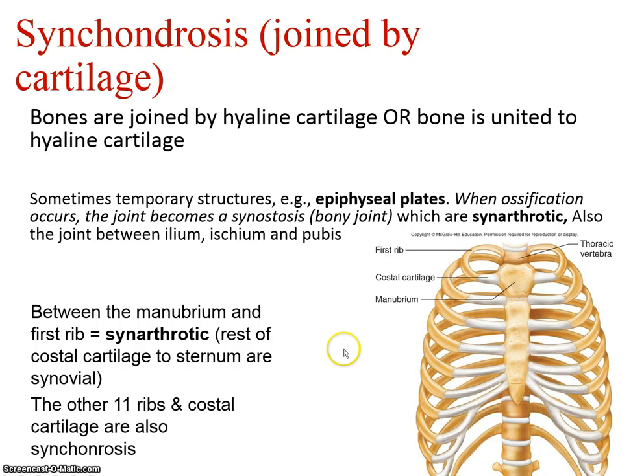Okay, so the other 11 ribs and costal cartilages are also synchondrosis. So again, we're talking about this end, so don't get confused, I didn't just contradict myself. It's a matter of we have a joint here and a joint here and a band of cartilage in between. So synchondrotic here, all right, the costal sternum synovial.